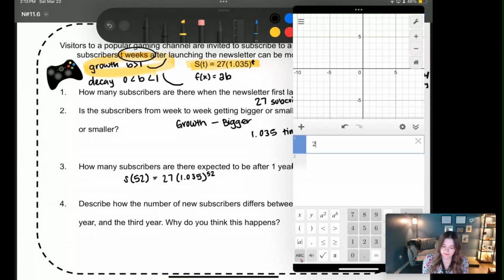I can say 27 times 1.035, and then now this is the little keyboard function at the bottom, okay? My iPad automatically pulls it up, but if you're like, Miss Bailey, I don't see any of these options, it's that little keyboard at the bottom. And then I'm going to put A to the power of B, because then it lets me put in the number I want, which is 52 weeks.